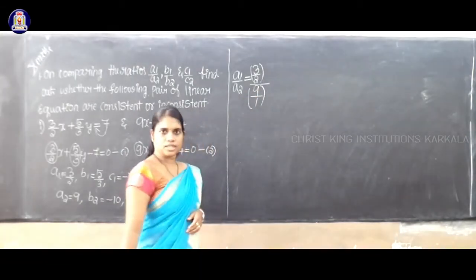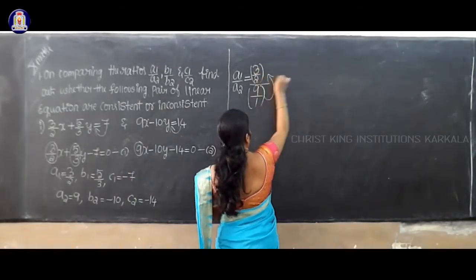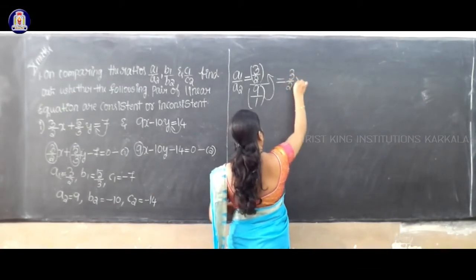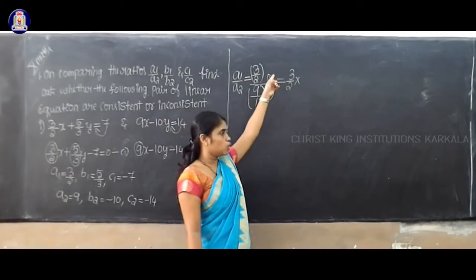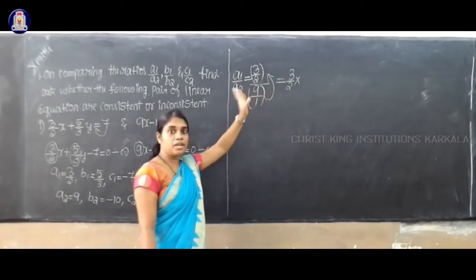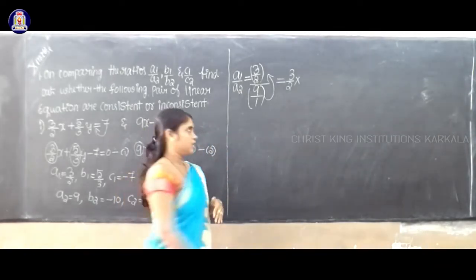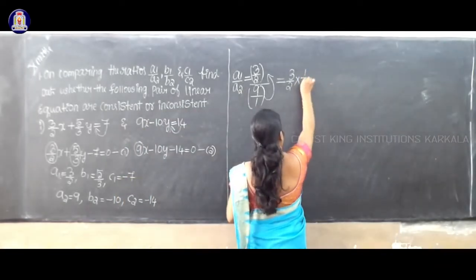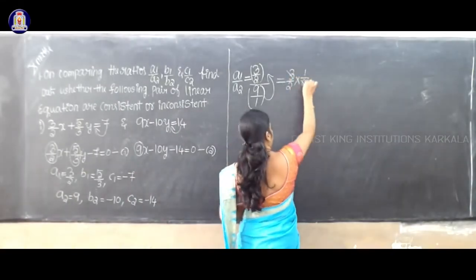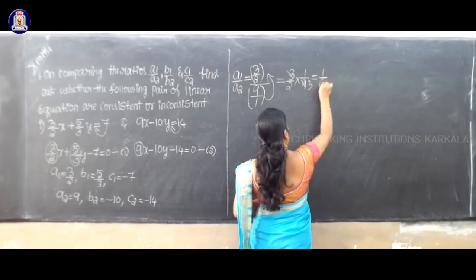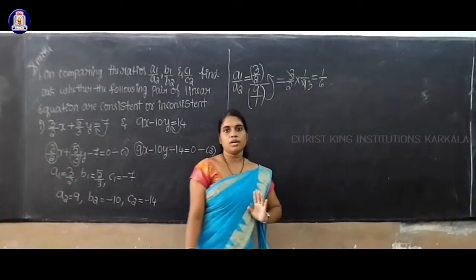So 3 by 2 will be as it is, but when 9 by 1 goes to the numerator, it will become reversed: 9 by 1 will become 1 by 9. Three ones are 3, three threes are 9, so you will get 1 by 6. Therefore A1 by A2 is equal to 1 by 6.